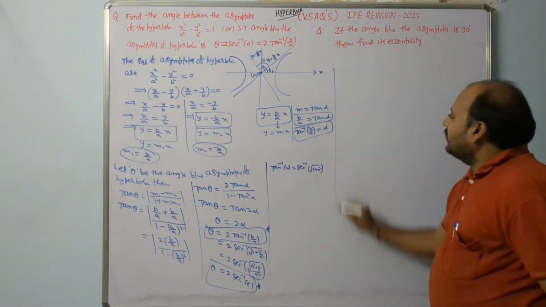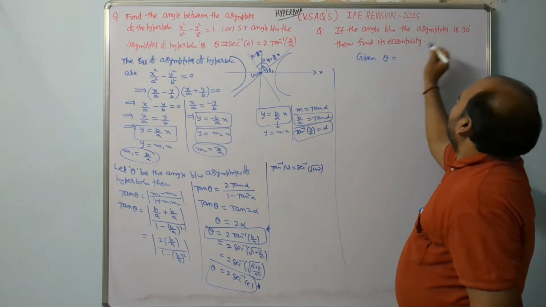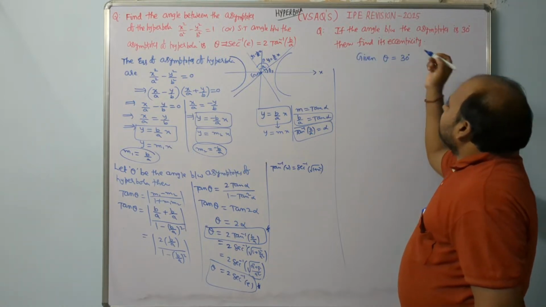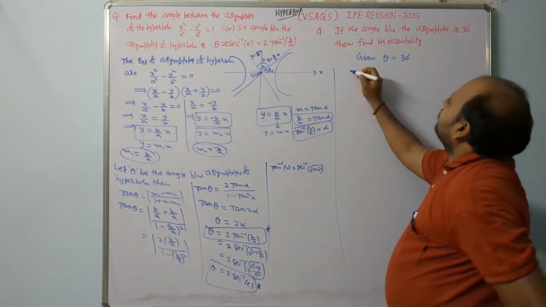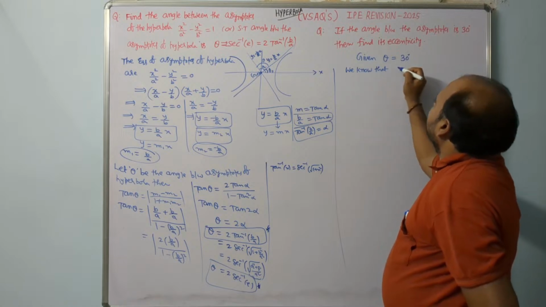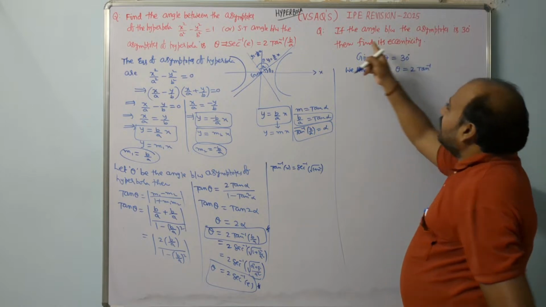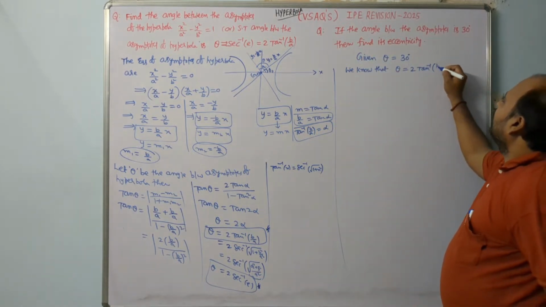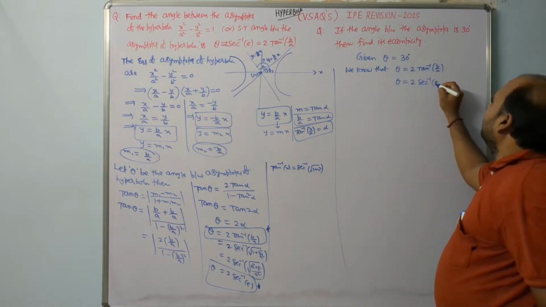So come to here. Given theta equal to 30 degrees. What is theta value? We know that the angle between the asymptotes, theta equal to 2 tan inverse of b by a. But according to eccentricity, we need to write theta equal to 2 secant inverse of e.